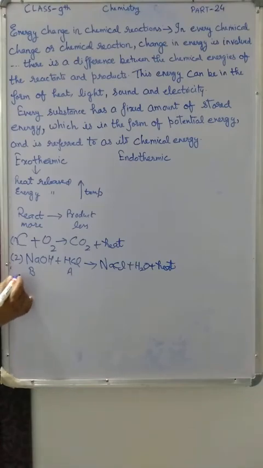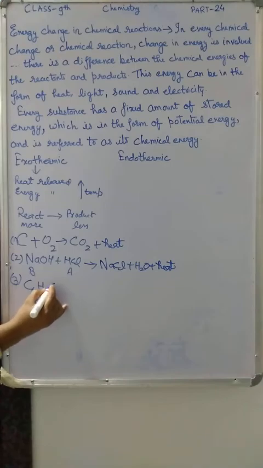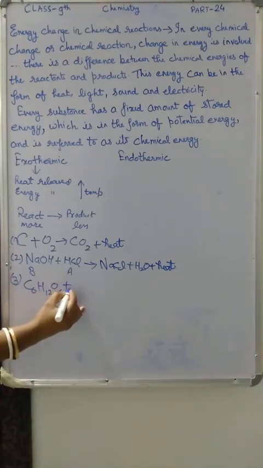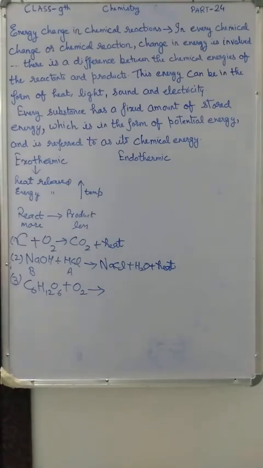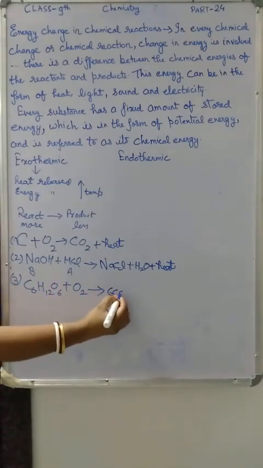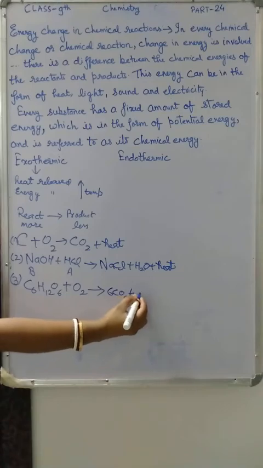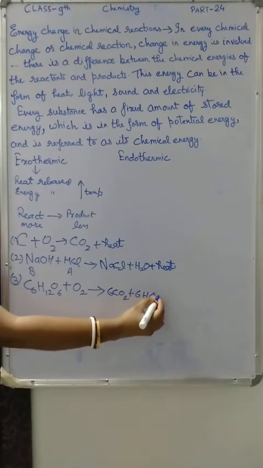One more example is the combustion of glucose with oxygen in the cells of the body. When glucose reacts with oxygen in our body, it forms carbon dioxide, water and lots of energy.